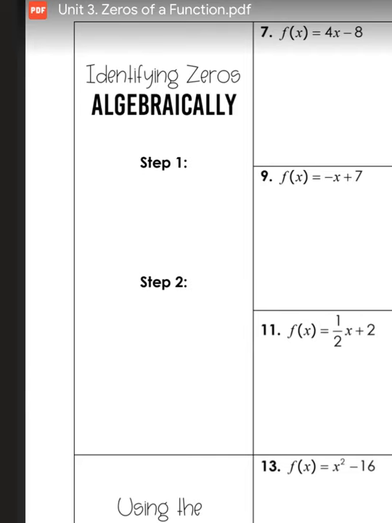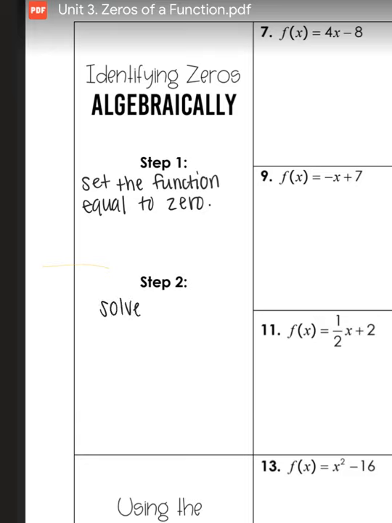Another way that we can find the zeros and identify the zeros is solving it algebraically. There are 2 steps to this. Step 1 is we need to set the function equal to 0. And then once we set the function equal to 0, we are going to then, step 2, solve for x.